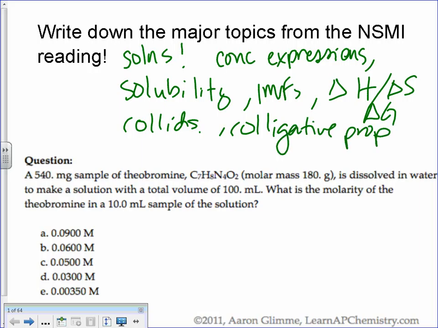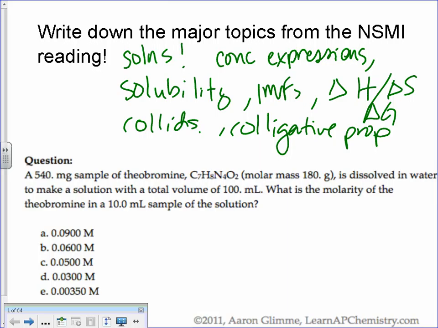Okay, so this is basically it for the rest of the year, except for review and the AP exam. We still have a little bit more to do, but we're going to talk about some of the top three today: solutions, concentration types, solubility. Then tomorrow, Monday, Tuesday, Wednesday, we'll hit the rest of this in terms of colligative properties and continuing concentration types.